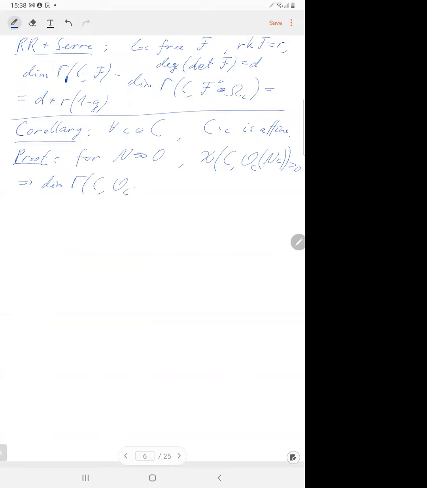Well, we need a non-constant function, so we need bigger than 1. But use bigger than 1 here too.